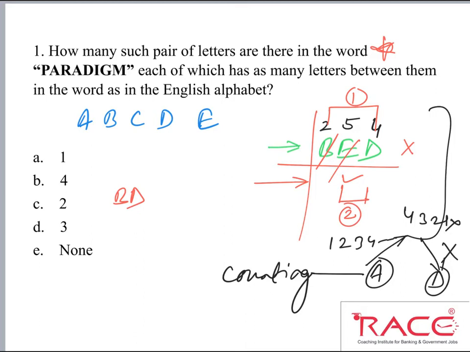After 5 what should come? 6, but we have 2 here, so there is no match. So this is my second pair. So one is B and D, and second is D and E. So this is how we draw the pair, or we identify the pair in the given word.